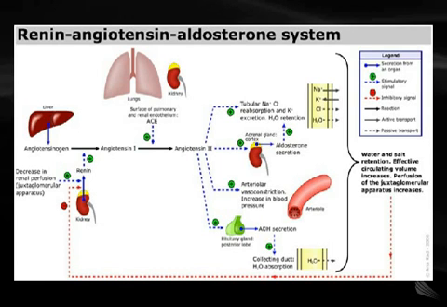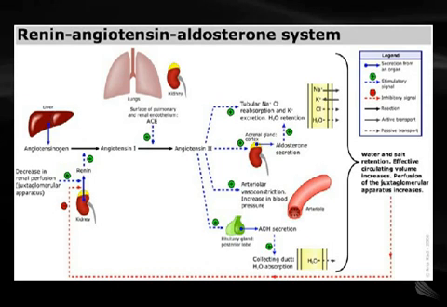The effects are multiple. One, angiotensin 2 stimulates reabsorption of sodium and then therefore water in the proximal tubule. It also stimulates the synthesis and secretion of aldosterone from the adrenal gland. Aldosterone has effect in the collecting duct to increase sodium reabsorption.